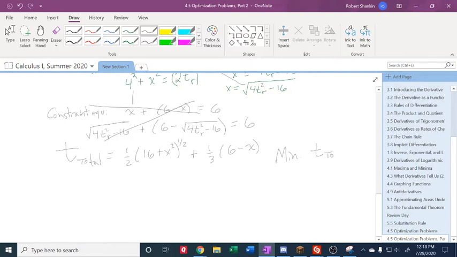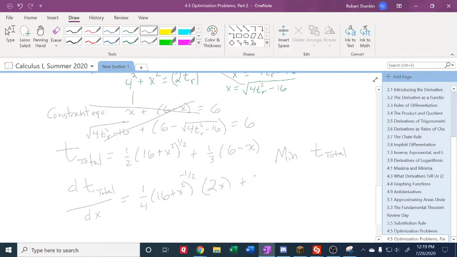the total time. So we're going to take dt total dx, get this derivative, and set it equal to 0. Chain rule. And then this one, you can just distribute the 1/3.